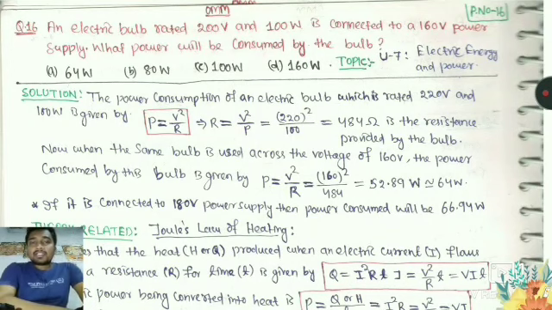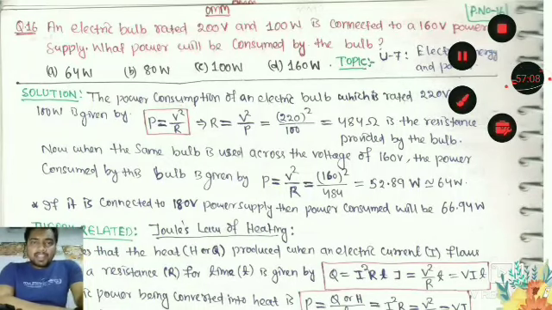In the second case, the bulb is connected to a power supply of 160 volt, so how much power it will consume you have to calculate with the formula P equal to V square by R by putting R equal to 484. Okay, but the answer will not match in this case, so forget about this. You have to only put the formula and get the answer.